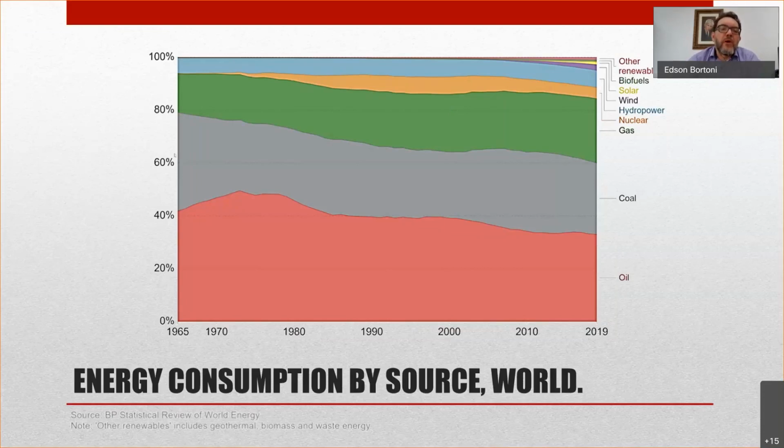Coal was about 40%, and today it's about 25%. It's reducing a lot the use of coal, and the other sources, which were responsible for only 20%, nowadays are responsible for 4%. So they are increasing. It's very well.